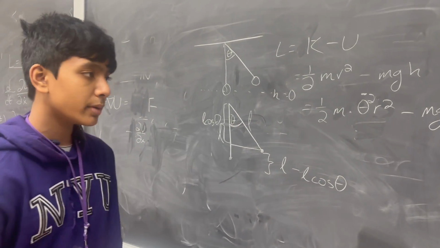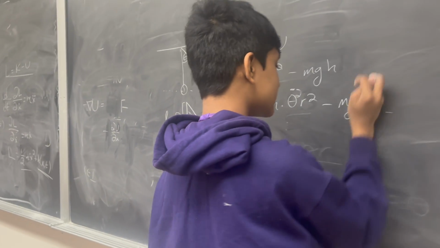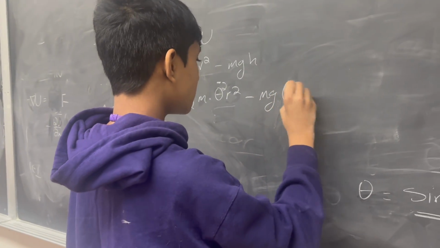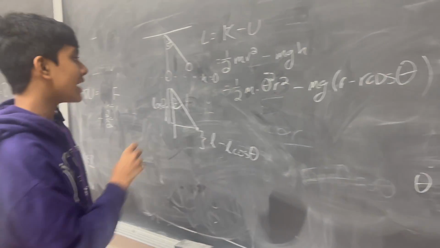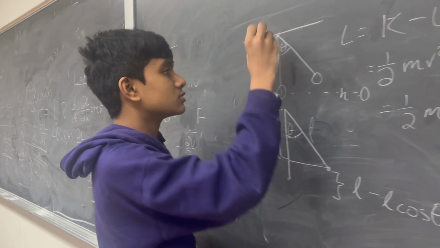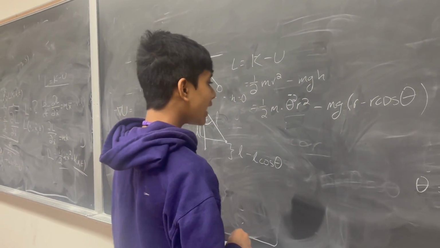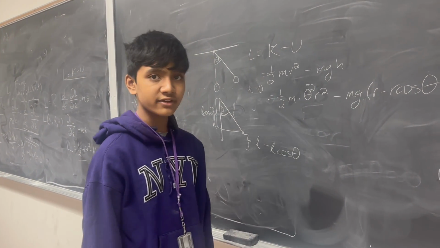So the height above the ground is L, or r, because the radius is constantly the length of the string, minus r cosine theta. For context, imagine that our origin is way up here at the base of the pendulum. So now we've got everything converted to polar coordinates. We can just solve it.